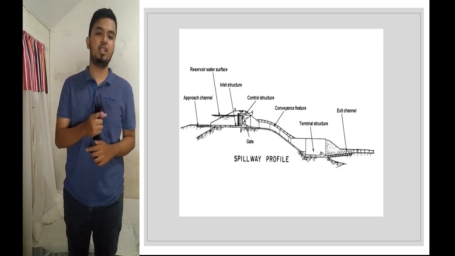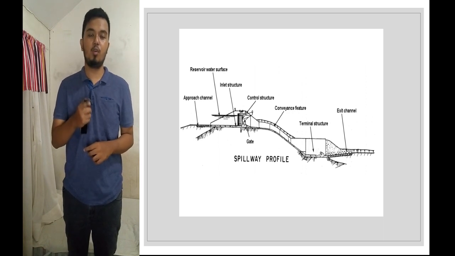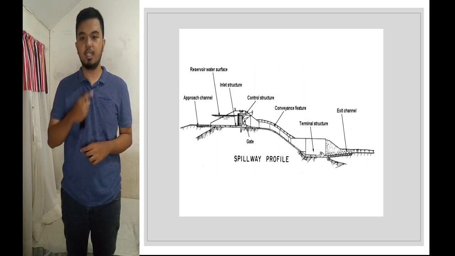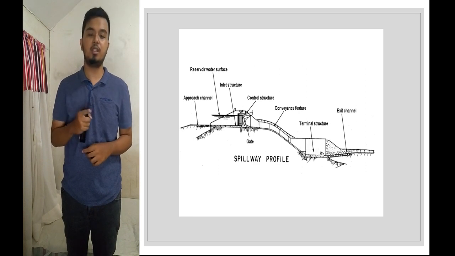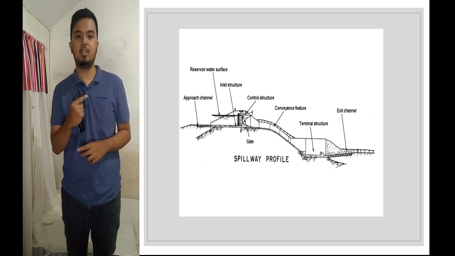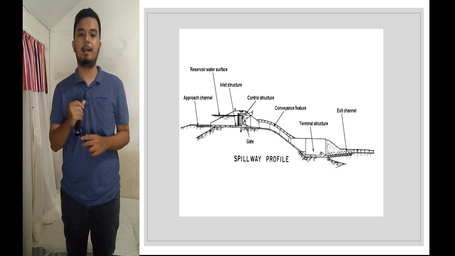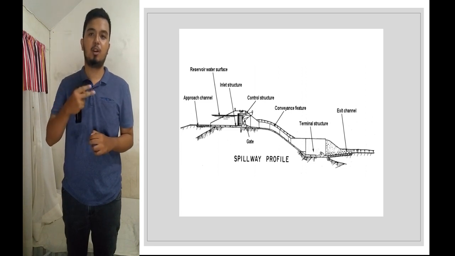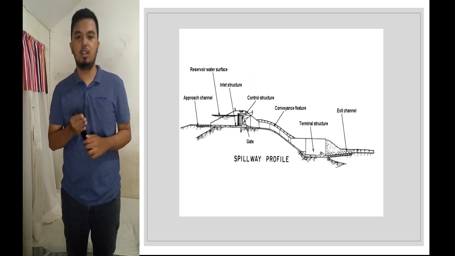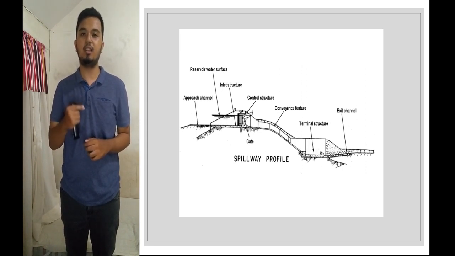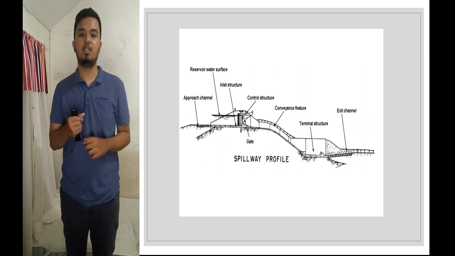So as you can see, first is the approach channel, reservoir water surface, inlet structure, control structure, conveyance feature, terminal structure, and exit channel. The inlet is like a gate that controls the flood water that enters. The control structure has machines to control the gate for the excess floods or water.